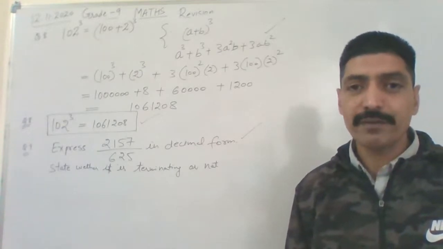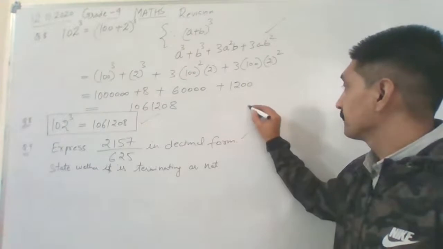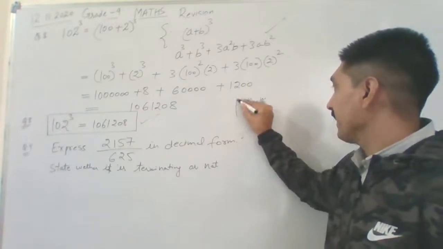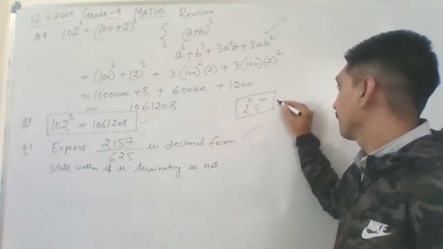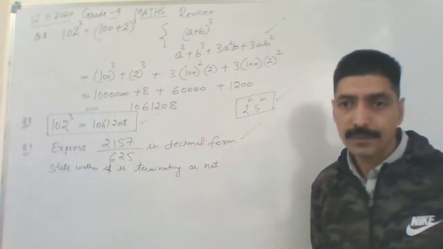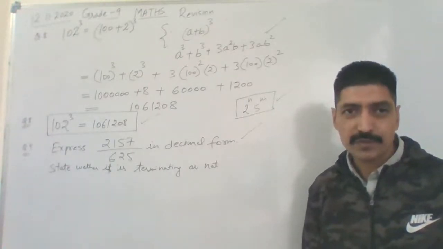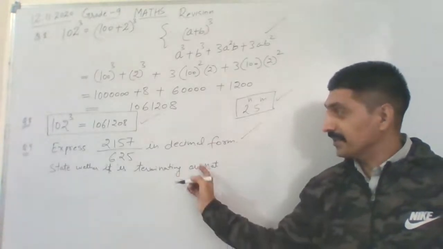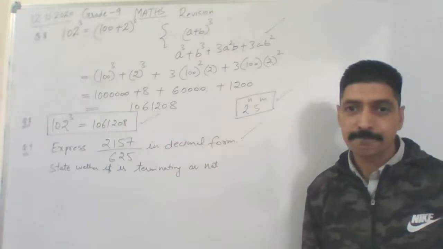That is 2 raised to power n, 5 raised to power m. What is the rule? 2 raised to power n, 5 raised to power m. Okay. So students, please tell whether it is terminating or non-terminating.